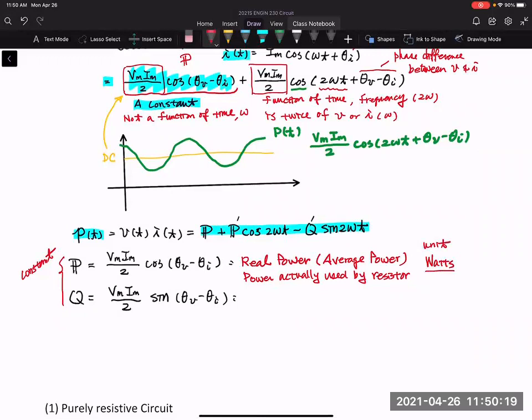What about Q? Well, the Q is different from the P. The Q is what we call the reactive power. The reactive power is the power either stored or released by the capacitor or an inductor.